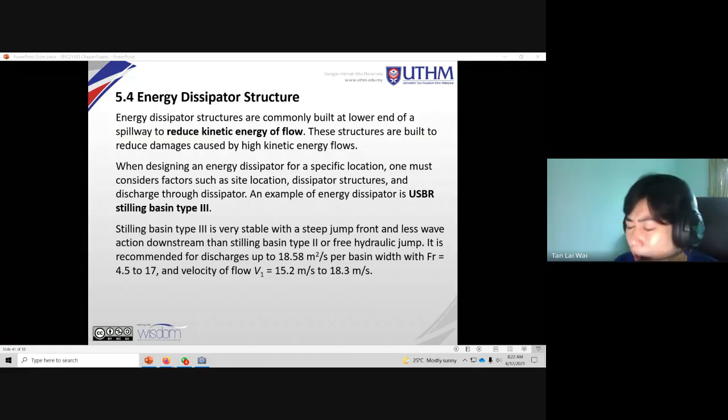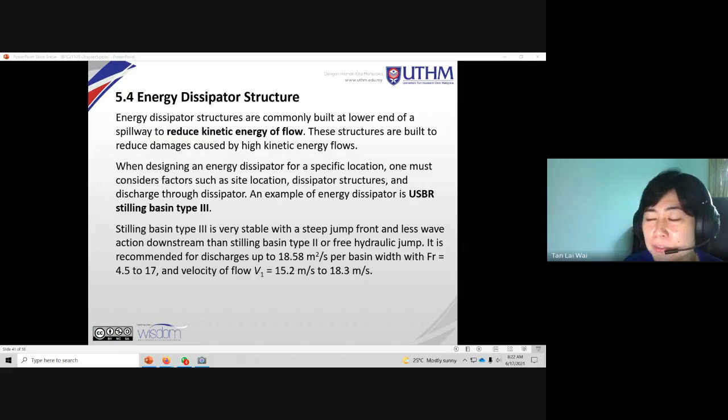Now, there are a lot of types of stilling basin. One set is proposed by USBR. USBR is the acronym for the United States Bureau of Reclamation.